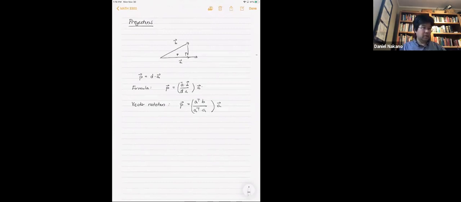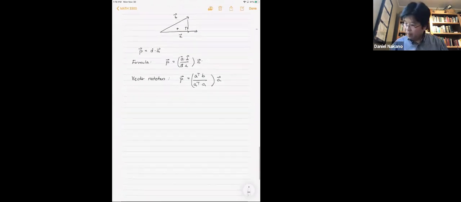So let's do an example where we do this. Project the vector V equals 1, 2, 5 onto the vector W, which is going to be equal to 3, 5, minus 1.